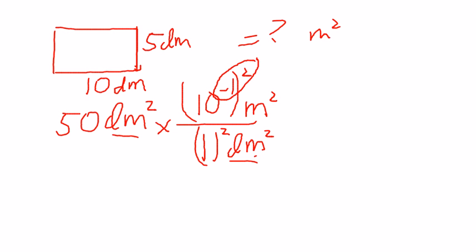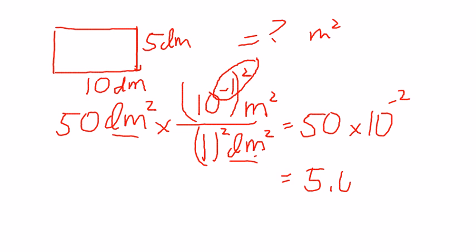So this becomes 50 times 10 to the negative 2, because 1 times negative 1 times 2 is negative 2. And if we're going to write this in scientific notation, 5.0 times 10 to the negative, if it started here, 1, 2, times 10 to the negative 1 meters squared.